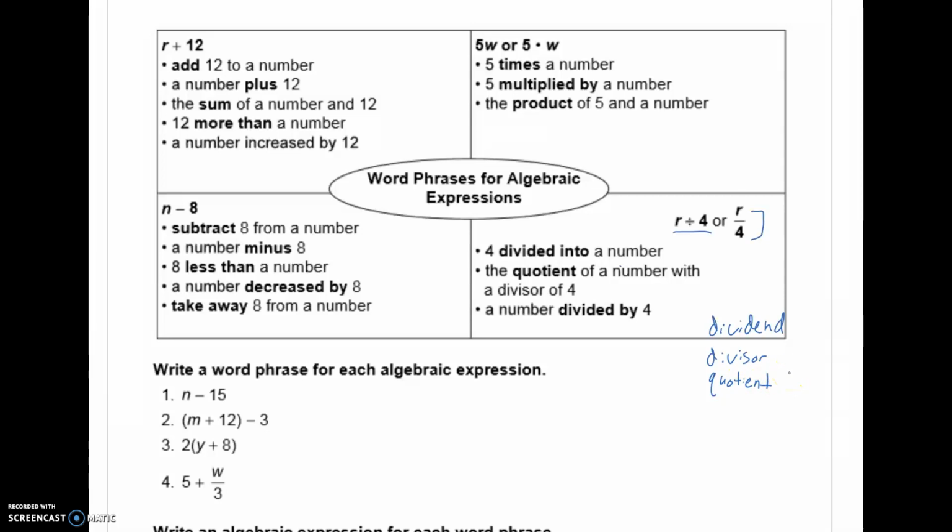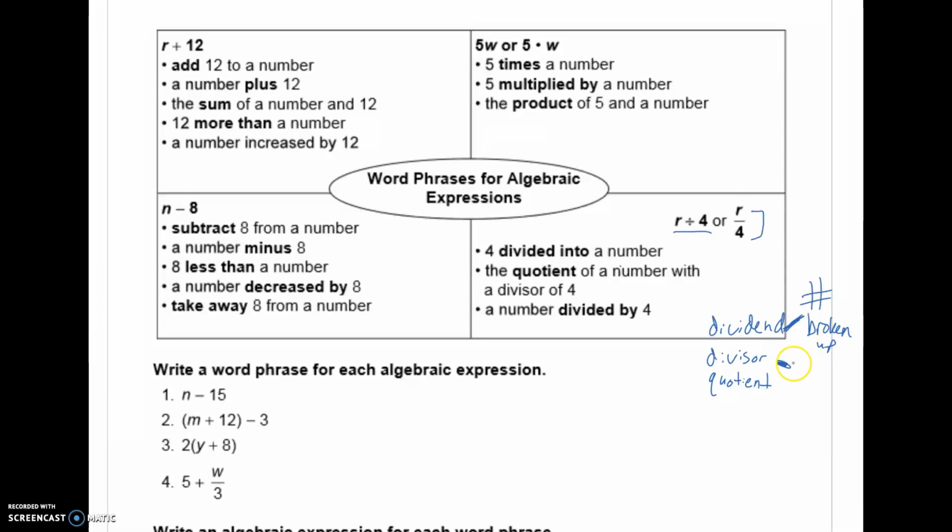Okay, so dividend is, you can think of it as usually it's the bigger number that's being broken up, but it doesn't have to be bigger. But just think of it as the number that's being broken up.